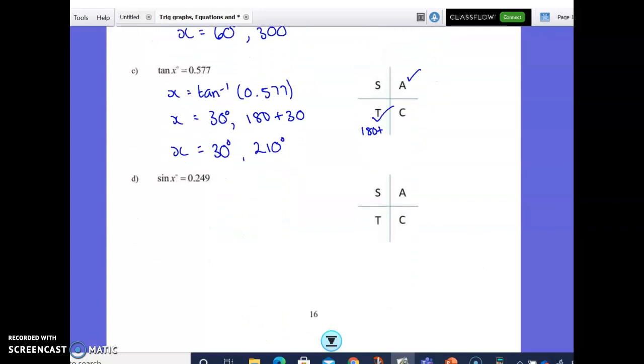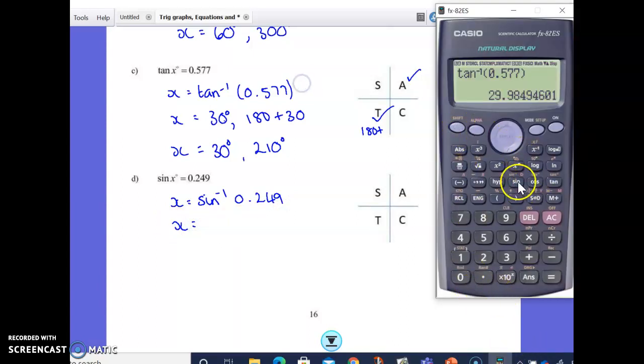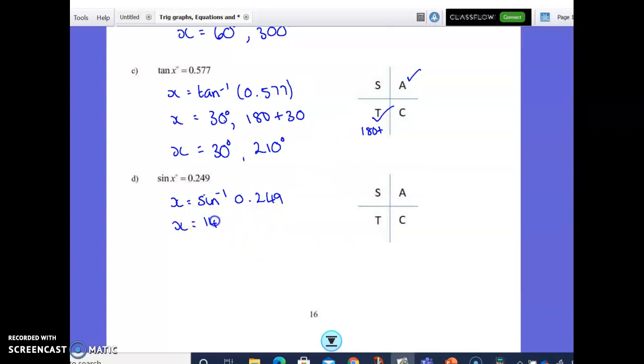Now you might want to pause the video and try this last one before I go over it to check you've got the hang of it. Okay, first thing I do is inverse sine 0.249. Calculate it out. Shift sine 0.249. That's 14.4 degrees. That's my answer in here that I get from my calculator. It's sine, it's positive.